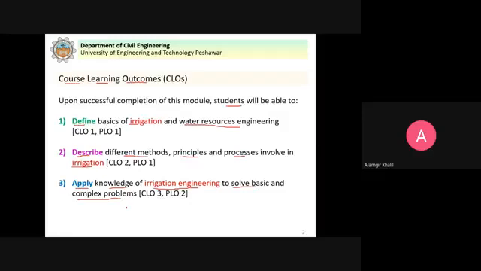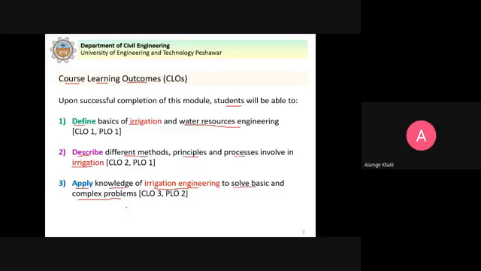The basic knowledge that we gain in this course, we should be able to apply in solving basic and complex problems. For example, if we have to develop an irrigation project, you should be able to apply the knowledge gained through this course to plan, develop, and operate that irrigation project.